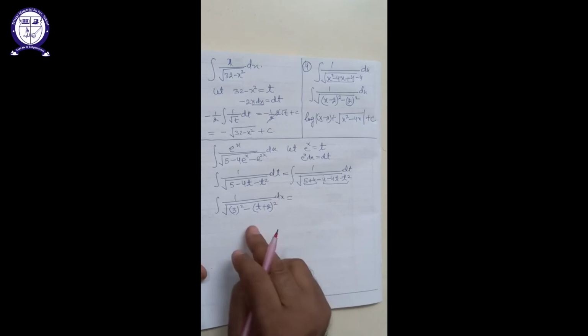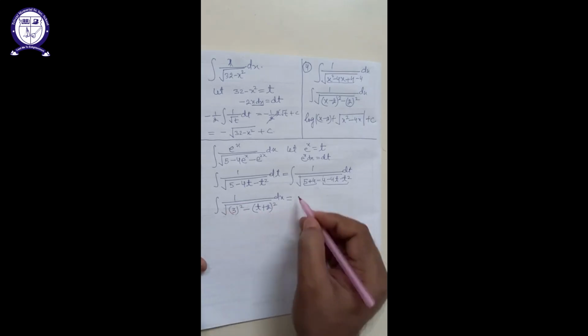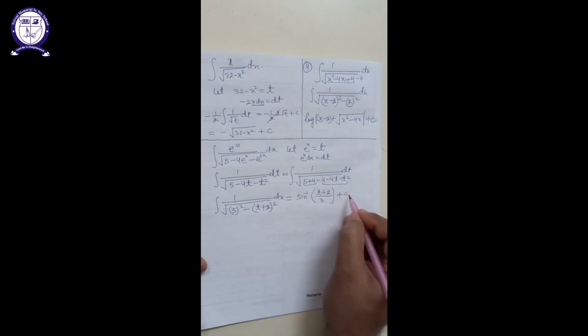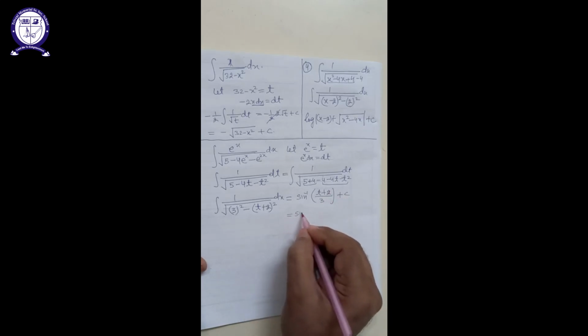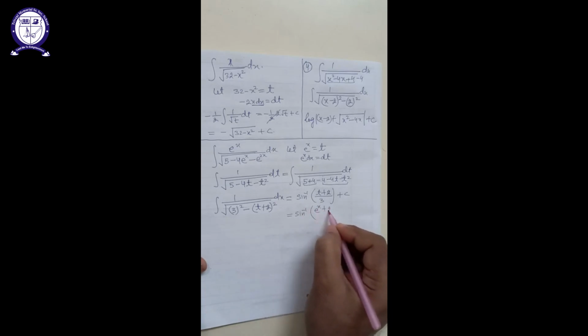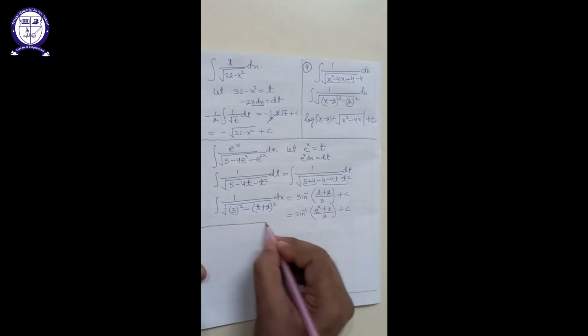This is the formula you know very well: 1 upon square root of a square minus x square is sine inverse of x upon a. That is sine inverse of t plus 2 upon 3 plus c. Now put the value of t: e to the power x plus 2 upon 3 plus c. Okay students, thank you.